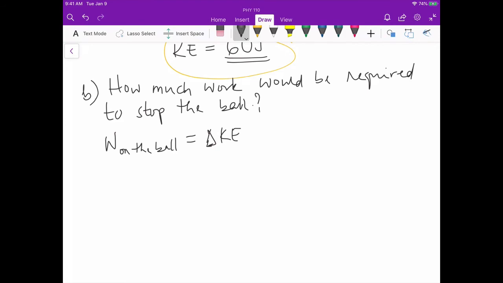So if you bring the ball to stop, what does it mean? That means its final velocity is what?